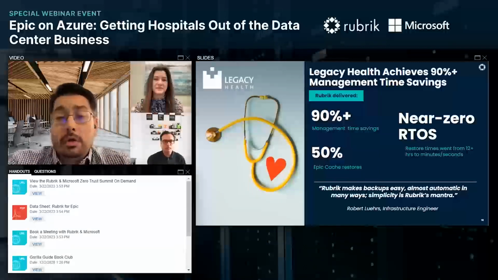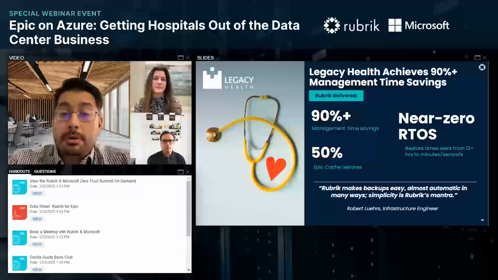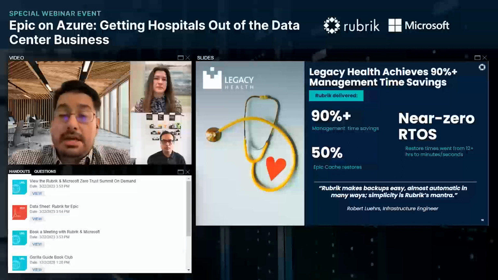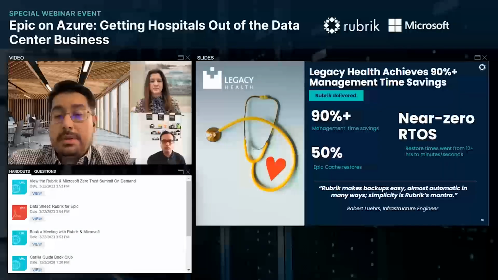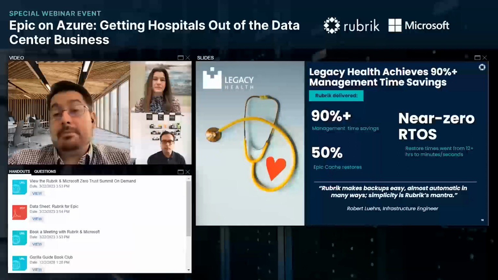Legacy hosts their Epic environment completely in the cloud environment. And what was really interesting about the end result is, coming out of their conversion to Rubrik onboarding, we were actually able to perform better than their legacy solution that was hosted on premises in these cloud environments. So today they leverage Rubrik, and everything from an Epic perspective that they own is now hosted in that Azure space.